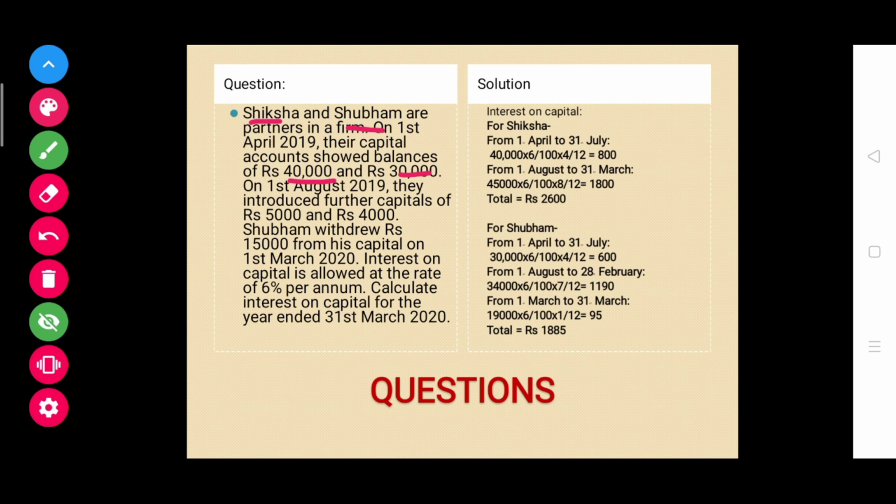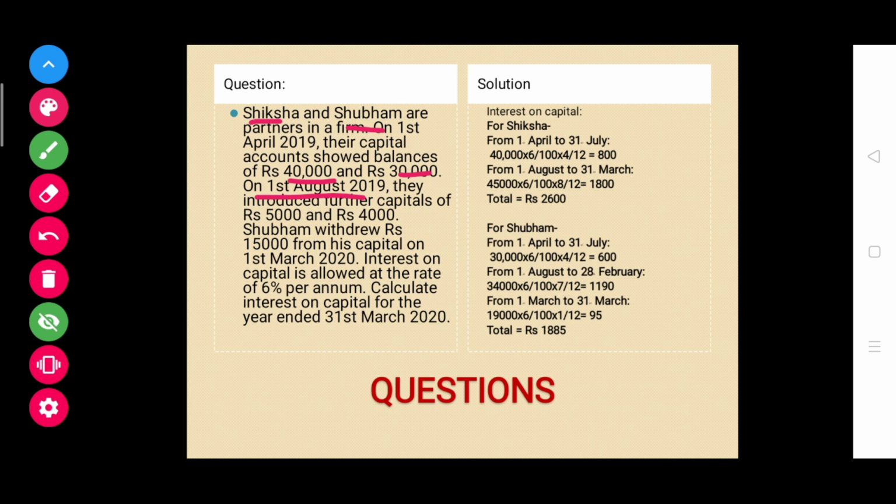Next, on 1st August 2019. So their capital balances were given on 1st April. On 1st August 2019, that is after how many months? April, May, June and July. After 4 months, they are making a change in their capital. So this 40,000 and 30,000 has been in the business for 4 months.